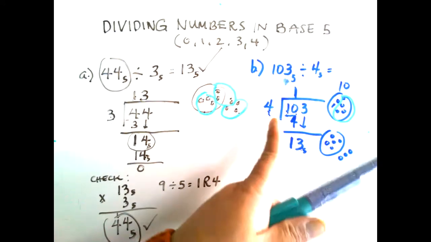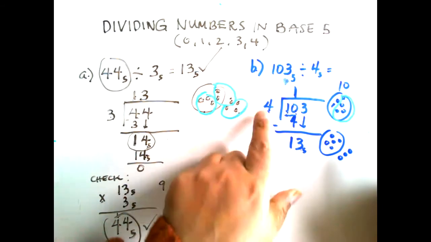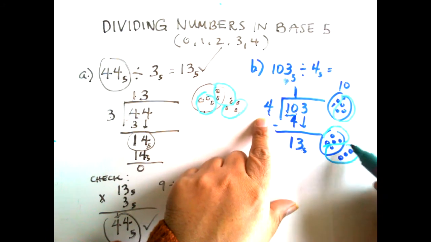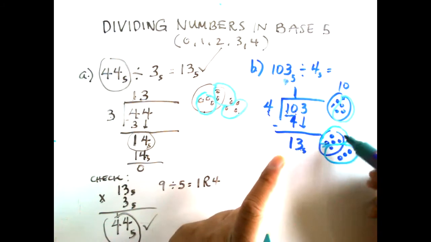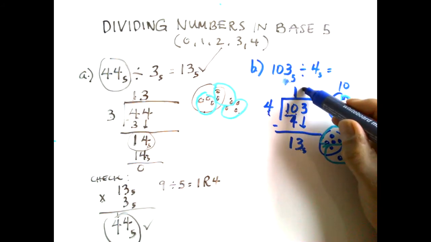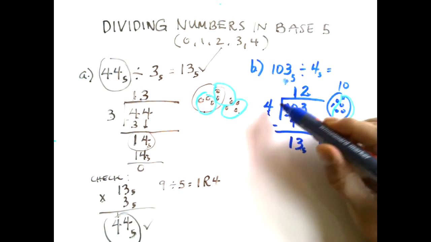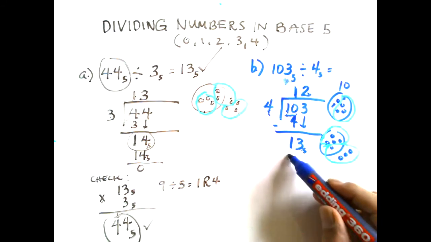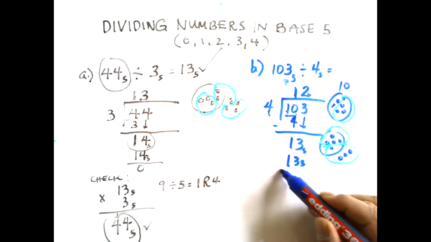Now how many 4s are in here? We have one group of 4 and another group of 4. So it goes twice. So your answer here is 2. 2 times 4 is 1 3, and so your answer is 0.